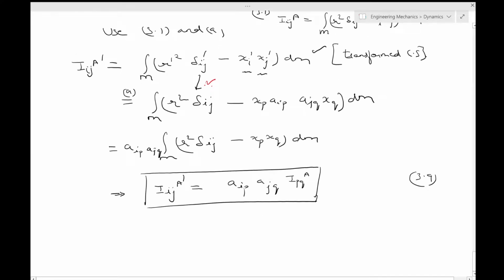So you can see that there are 9 terms on this, because both p and q are repeated.